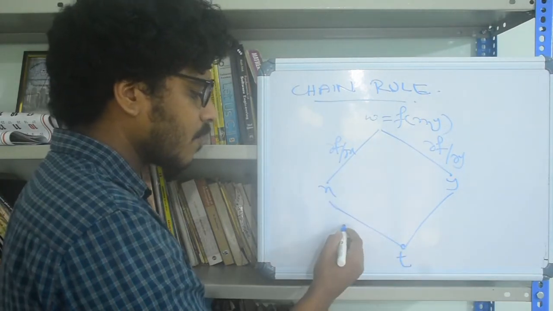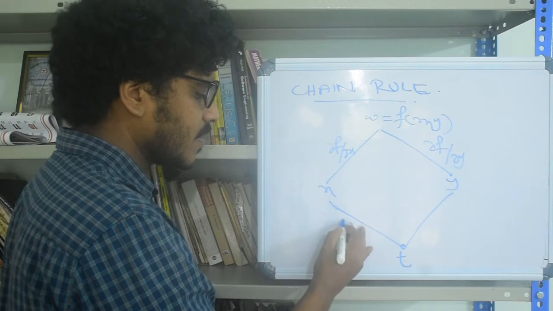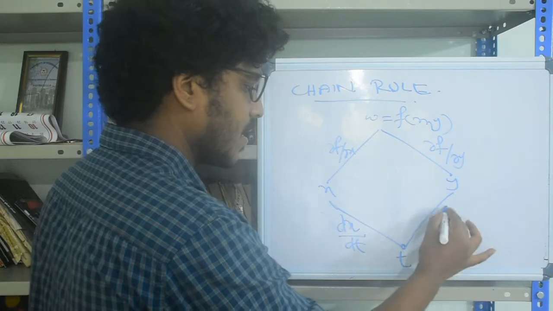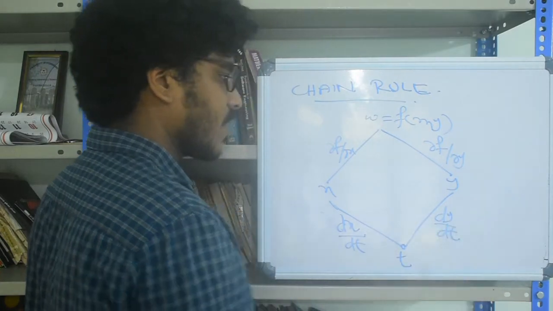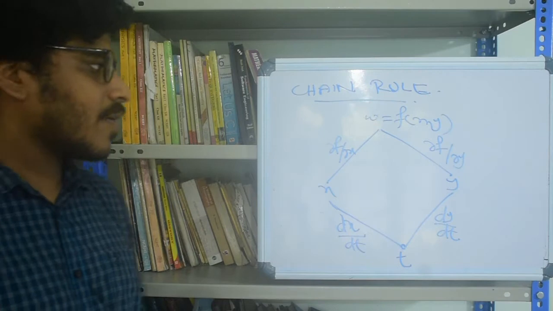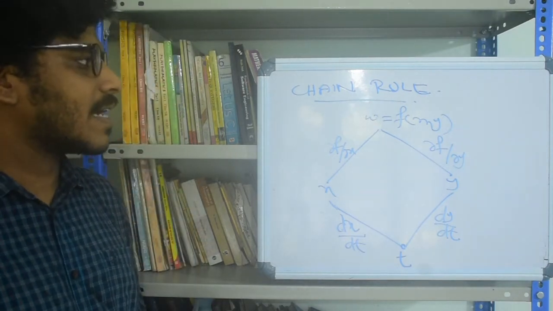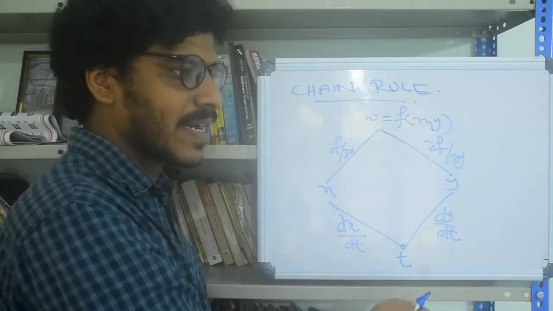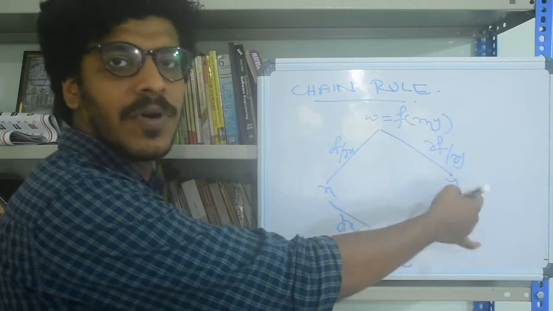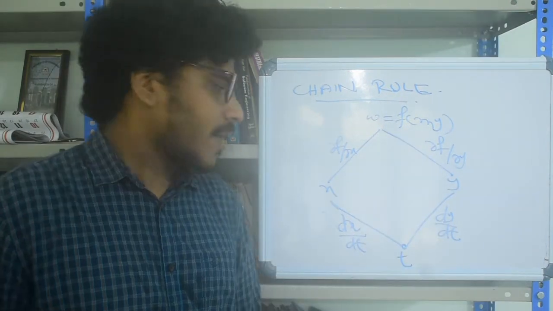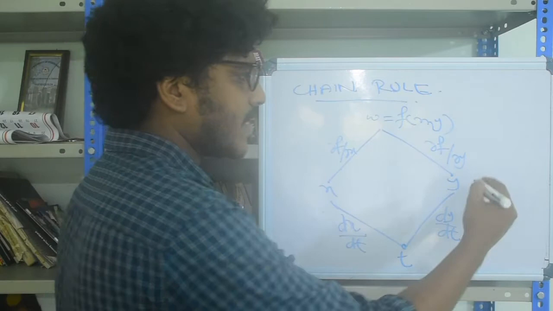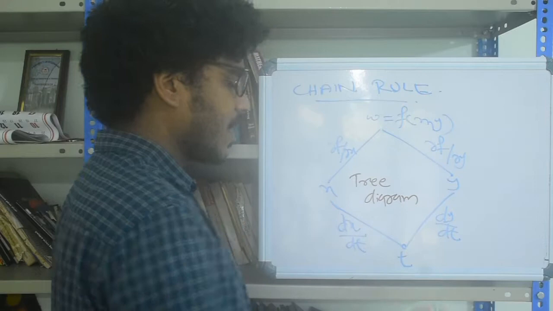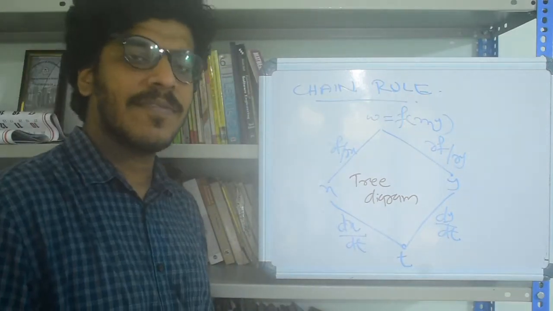So from x to t we move as dx by dt. Partial derivatives don't make any special sense there, so dx by dt, dy by dt. From this diagram we can deduce that dw by dt is partial f by partial x into dx by dt plus partial f by partial y into dy by dt. Such a setting may be called a tree diagram, and in this special case we may term it a tree diagram for the chain rule.